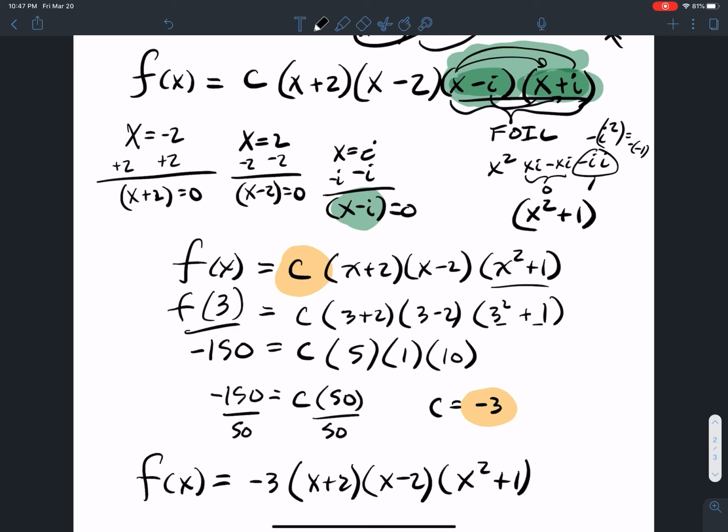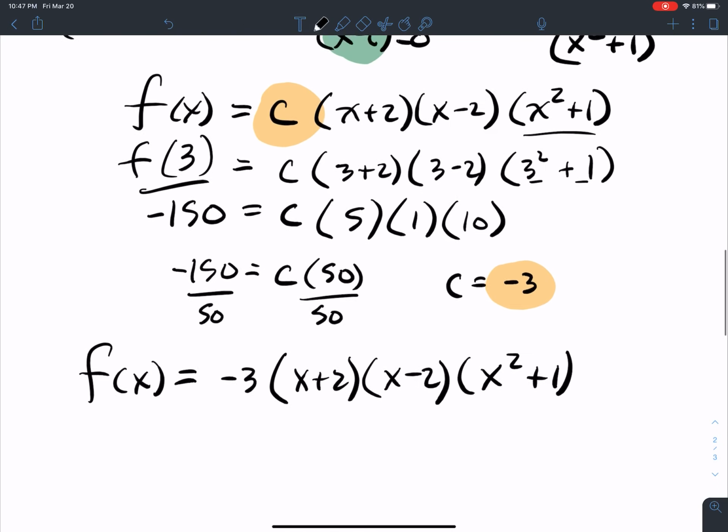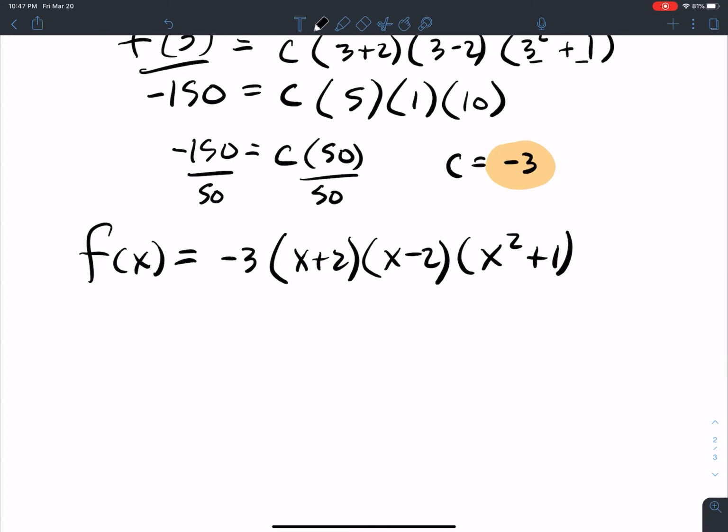Not bad. Not bad at all. All right? So you can leave it like this. I'm perfectly fine with that. If you want to multiply it out further, you could. If you multiplied this out, I'll let you do that, but you'll get x squared minus 4. And so I have (x squared minus 4) times (x squared plus 1), and then my minus 3.